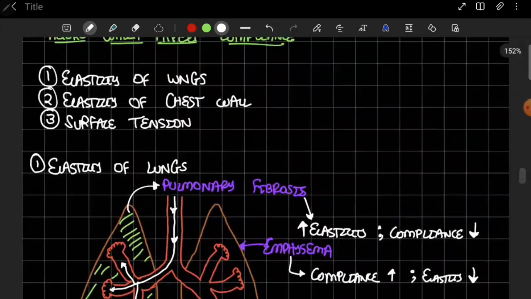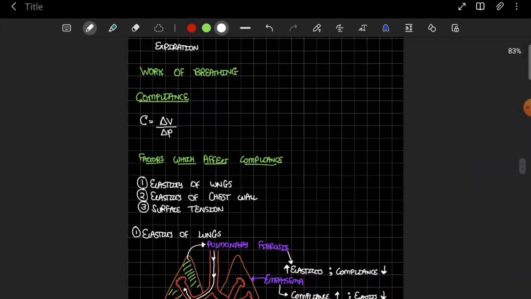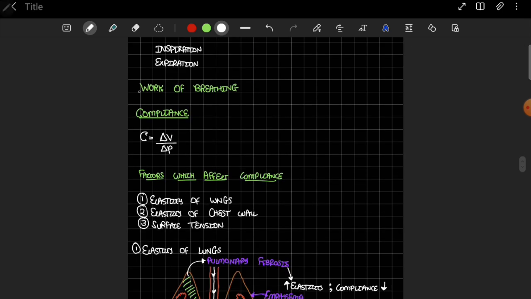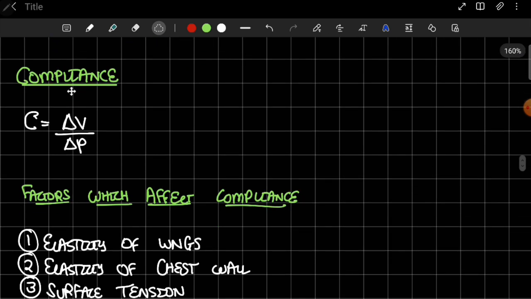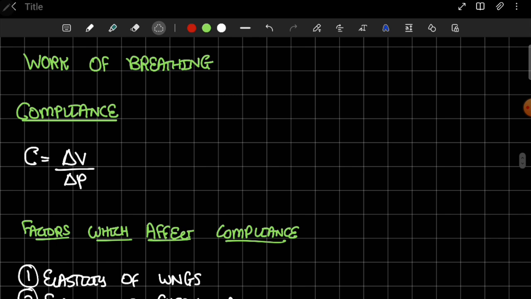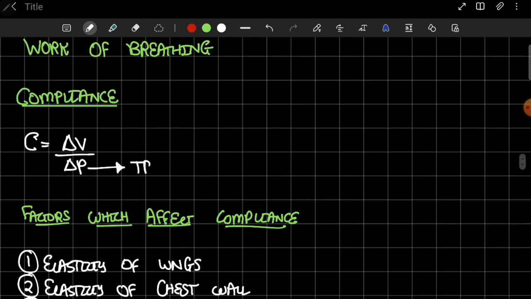So we have spoken about the mechanism of breathing. After that, we had held this topic, the work of breathing. We will talk about it. What is compliance? C is equal to delta V by delta P. And what is this delta P? Delta P is the transpulmonary pressure.